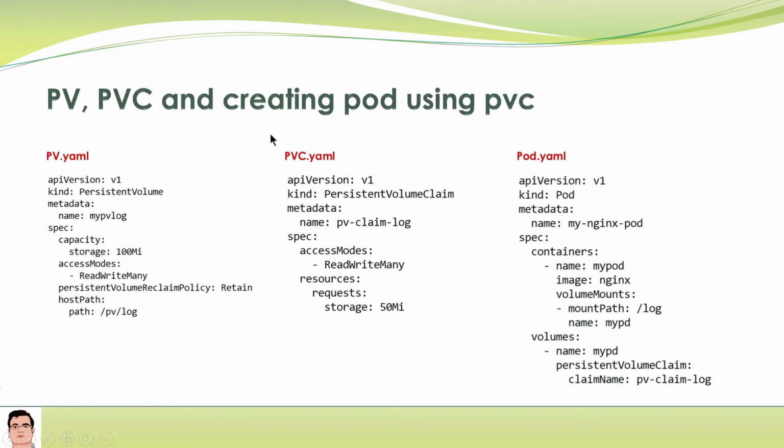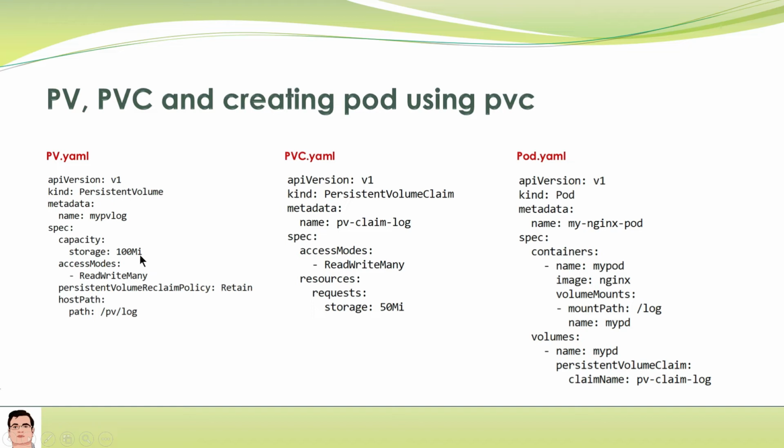This is the claim part, this is the PV part. The storage requested by the PVC will not exceed the PV; it may be less or it may be equal. Suppose this is the PV that we created with the name my-pv-log, and in the PVC we requested only 50Mi, and the PV is for 100Mi.